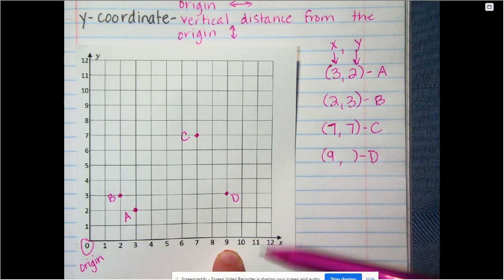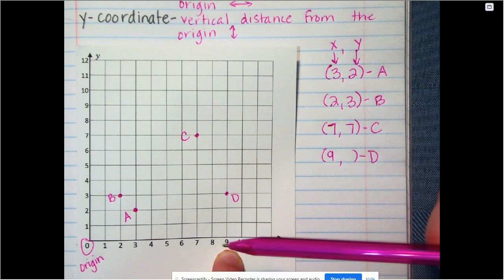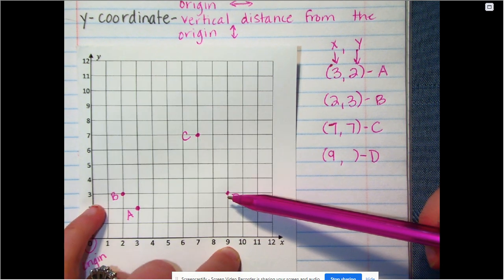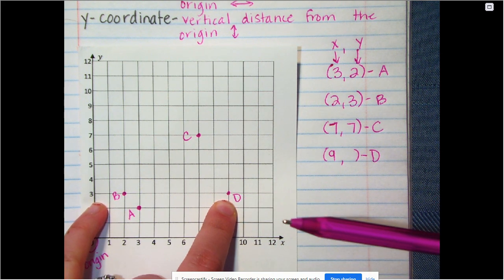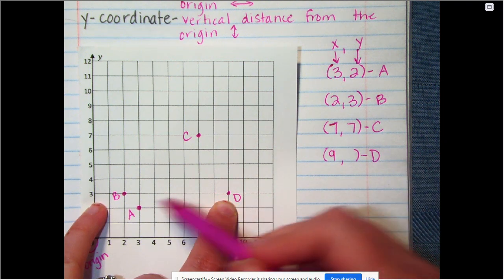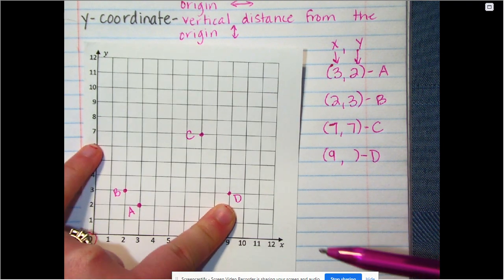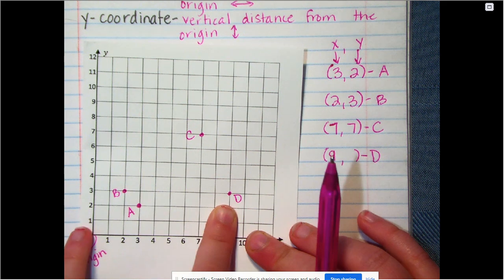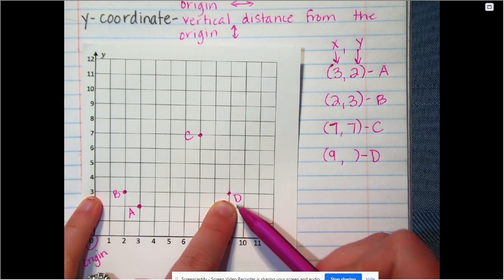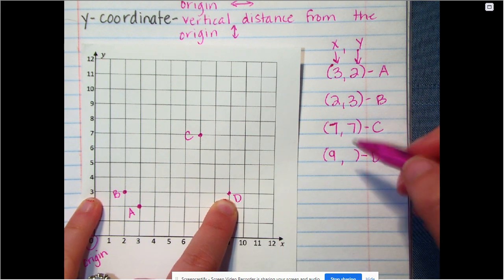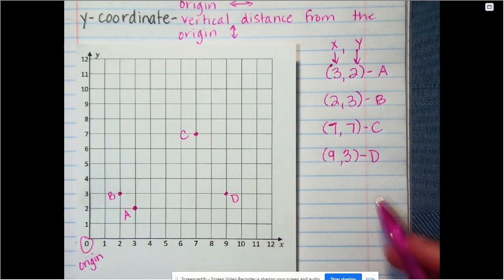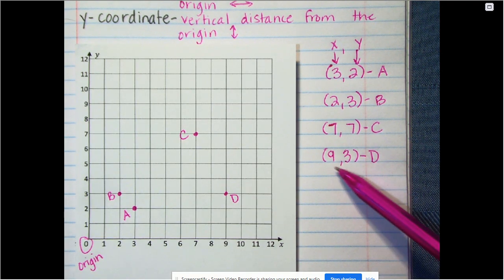And then I have to find out how far away it is from the origin vertically. Sometimes I find that using your fingers to hold your place is a great idea, because it helps you make sure that you're not accidentally reading above or below where you're meant to be looking. So this one is 3 above the origin vertically. So dot D, or point D, is at 9, 3.